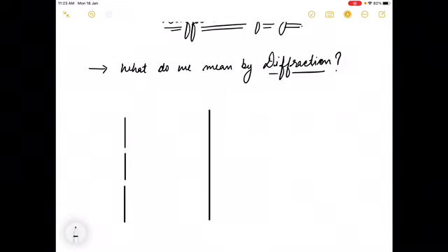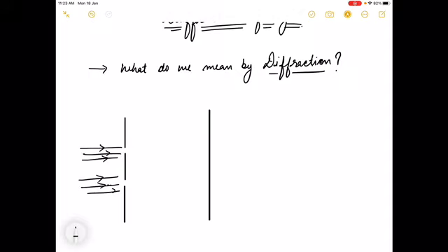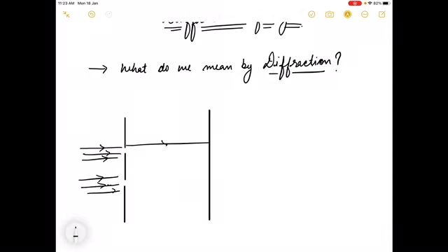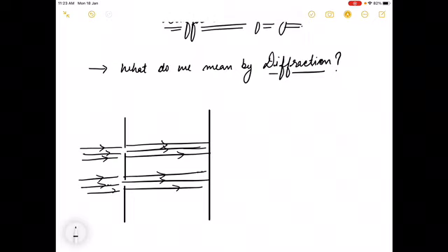If the light is coming like rays, then if it had particle nature, it would have gone straight through, and very similarly with the second slit. This is what we would have expected.